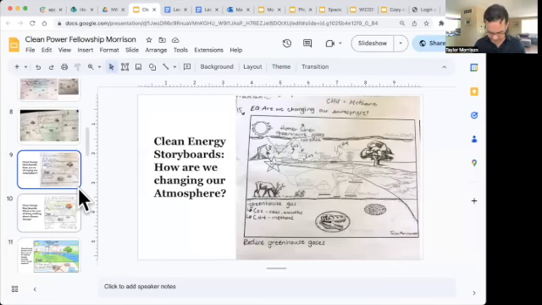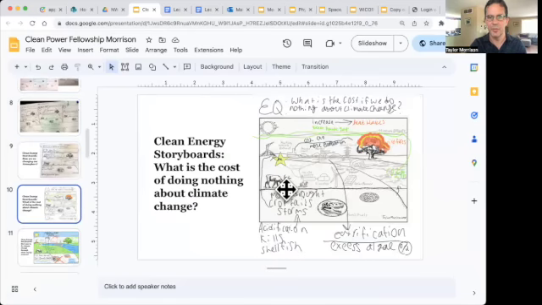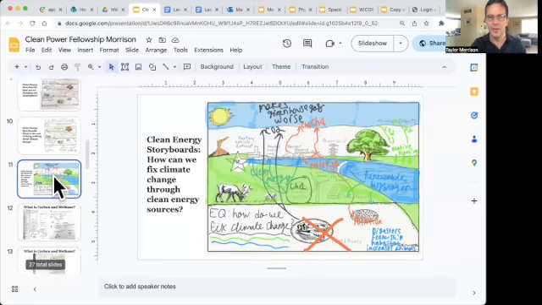And then we can look at some examples of student work. So here we have, sorry, checking the computer. Okay, so here's the example of what happens if we do nothing. This student here did it on the computer. Interesting approach. Some of them use styluses and computer art. This student also drew it on their Chromebook, these computers they use.